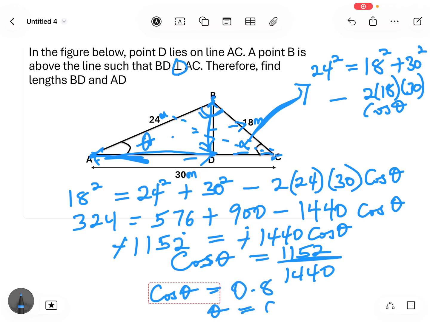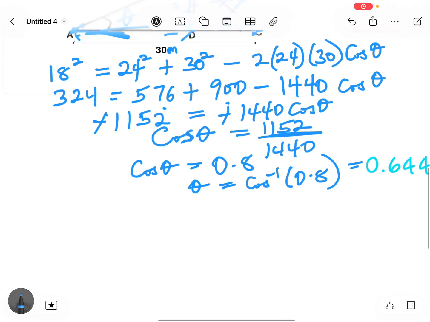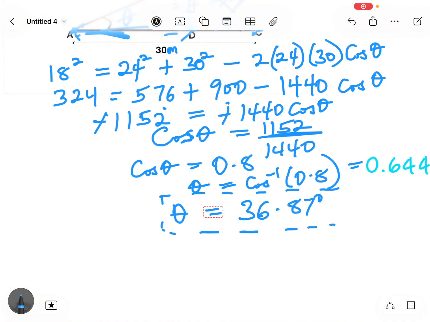Then theta equals arc cos 0.8, which is 36.87 degrees. So that is our theta.